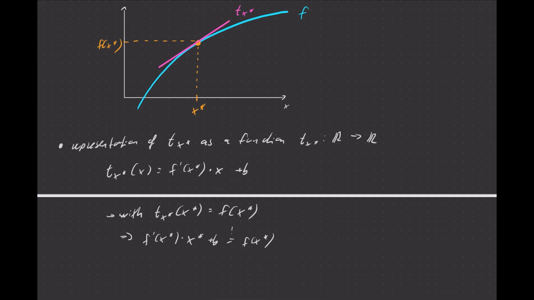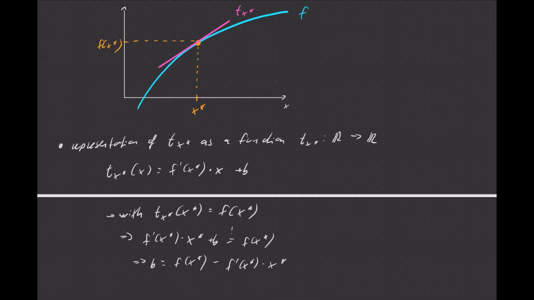So solving this for b immediately yields b is f of x star minus f prime of x star times x star.